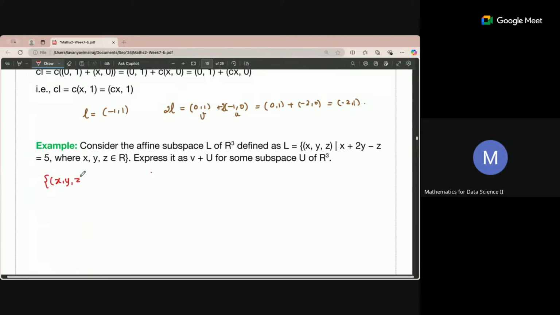If you have any plane like this, ax plus by plus cz equal to d, you know that this is an affine space. What is the corresponding subspace? d equal to 0. That's all, right? So the corresponding subspace is nothing but the set of all (x, y, z) such that ax plus by plus cz is equal to 0.